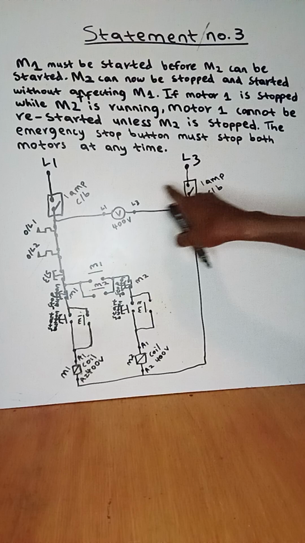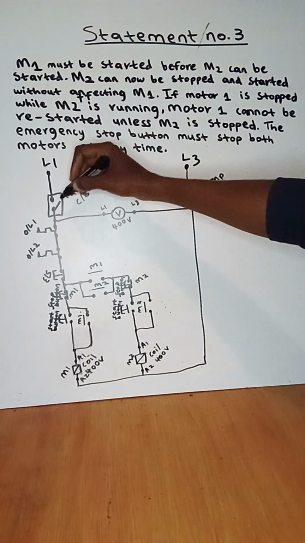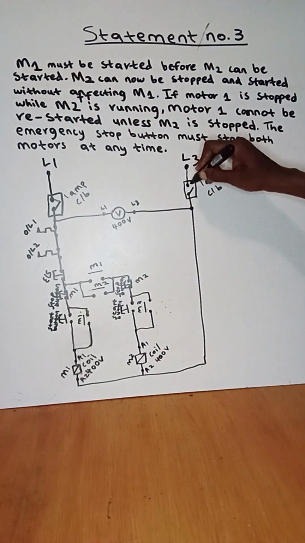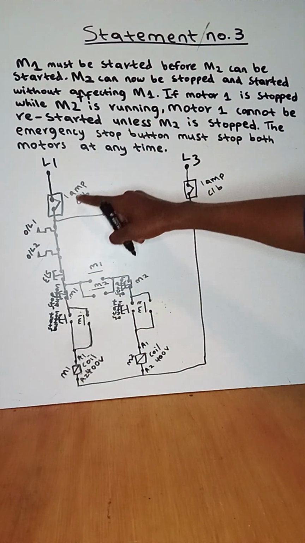So I'll start by turning on my 1 amp circuit breakers, in which they'll create close contacts. Right.